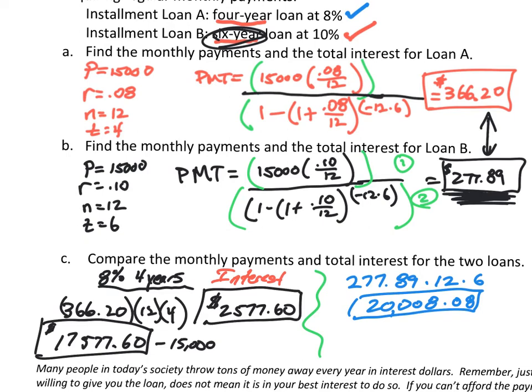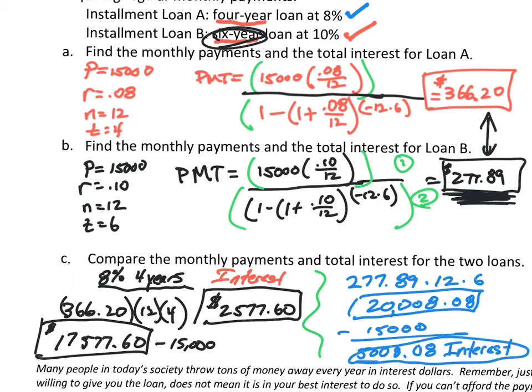When you subtract $15,000, you end up getting $5,008.08 in interest. So clearly, if you can afford this payment of $366, that is the way you want to go. You're going to be saving about $2,500 by doing that.